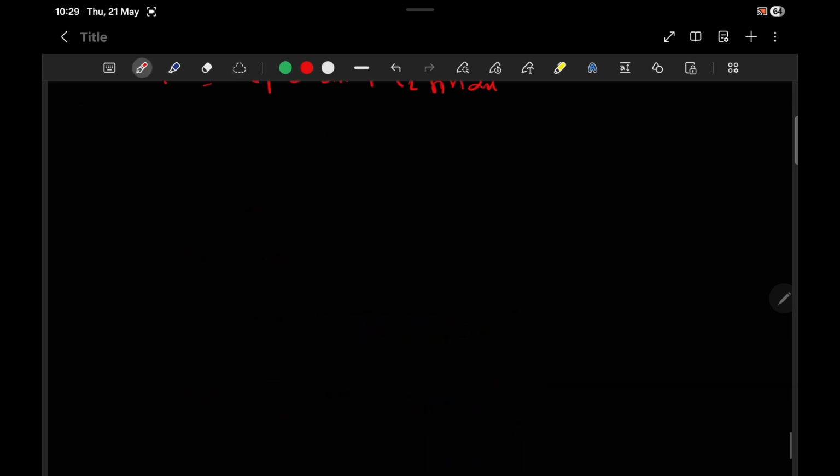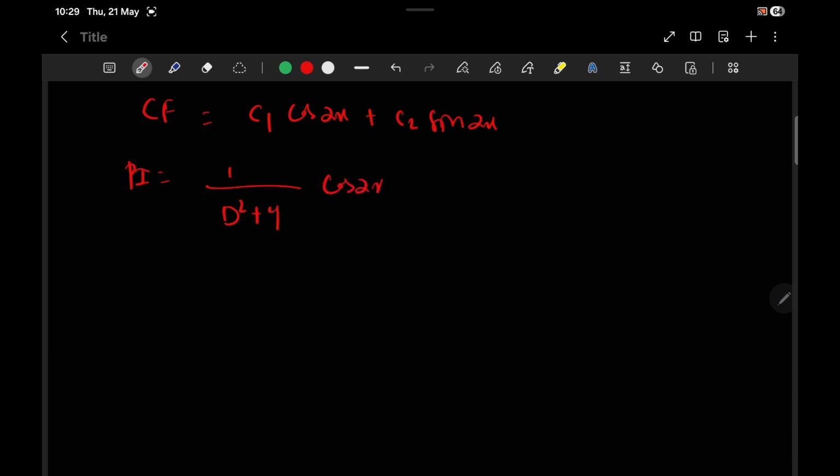Okay, now for the particular integral part, we have 1 by d square plus 4 into cos 2x. So we have to put this 2 in the d square term. So 1 by minus a square is minus 2 square, that is minus 4.